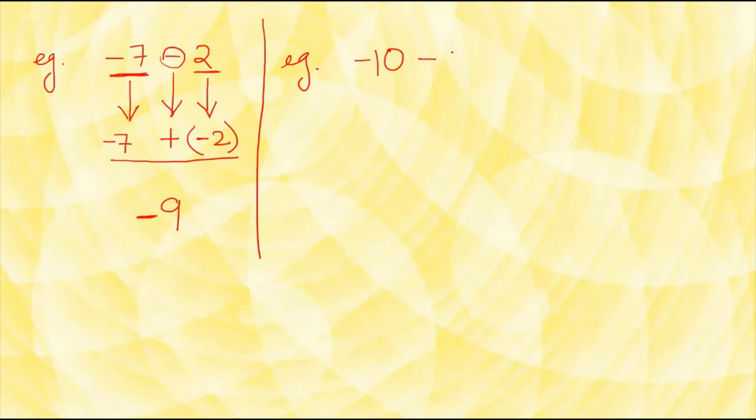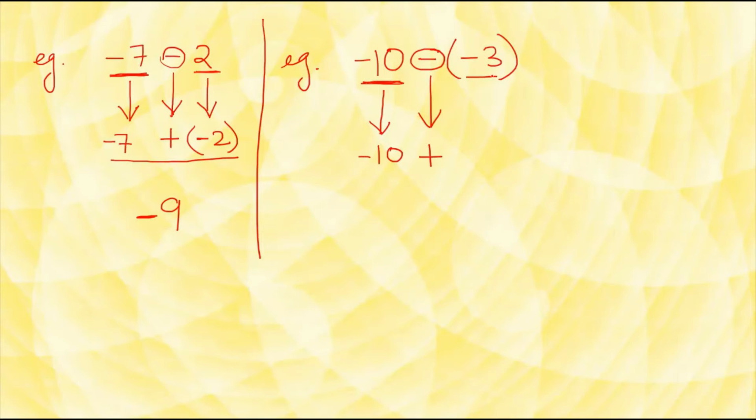-10 minus -3. If this is my sum, then the first number which we have, -10, I am going to write it down as it is. This subtraction operation is going to change into addition.